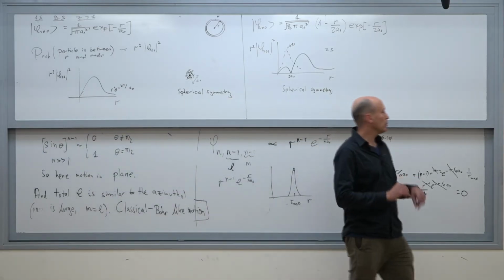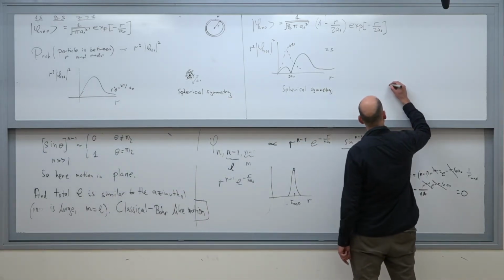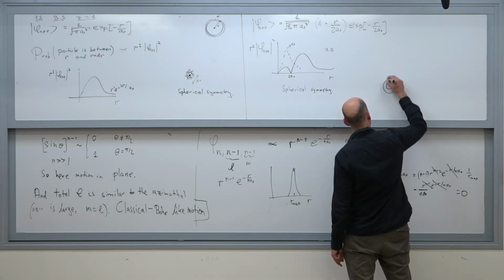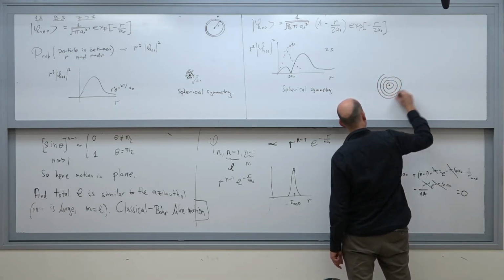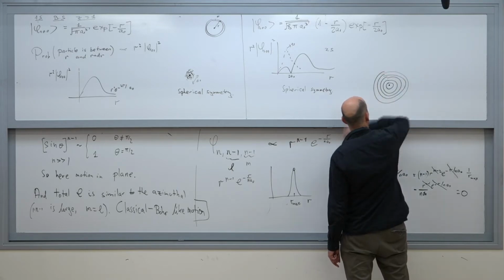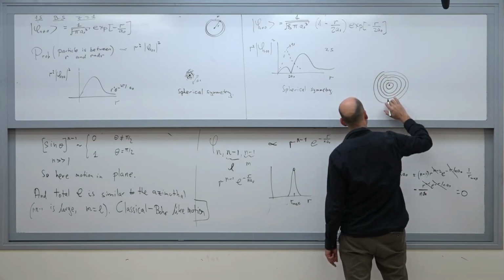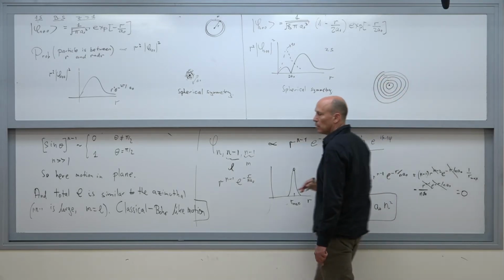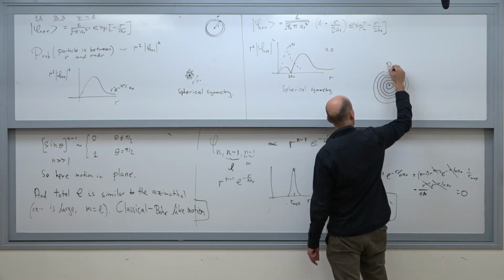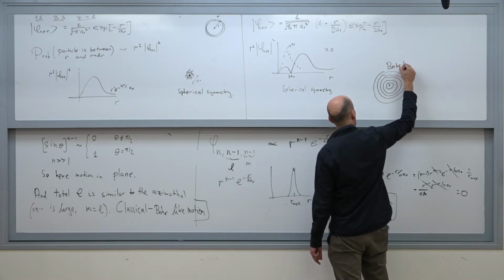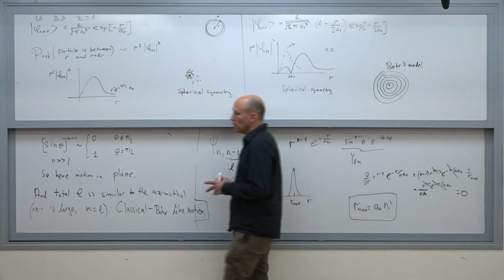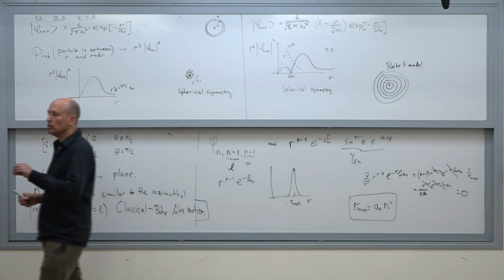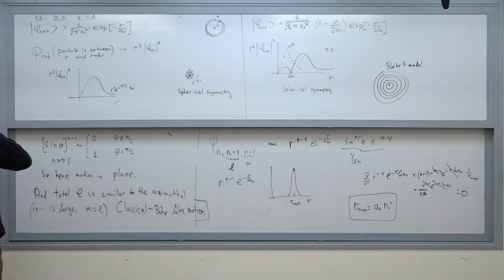You have either this trajectory, or this trajectory, or this trajectory, all of them in the plane, and you can find the particle in one of them. That is Bohr's model. So in Bohr's model, the electron is not a density in space.